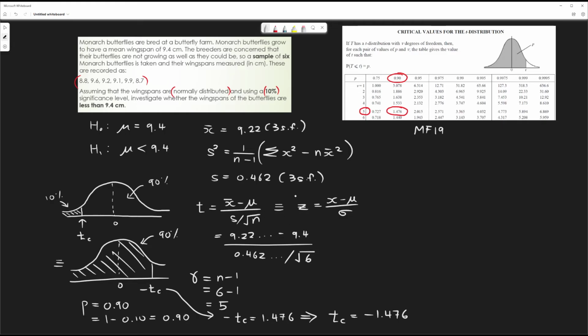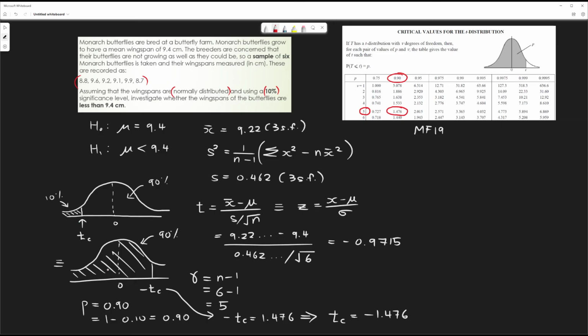One thing to note here is you should always use the unrounded values of the sample mean and your unbiased estimator of the standard deviation instead of the rounded values, because then you'll be rounding off 3 times, which would give you a significant error at the end. So use the unrounded values. If you work this out correctly, you should get negative 0.9715.